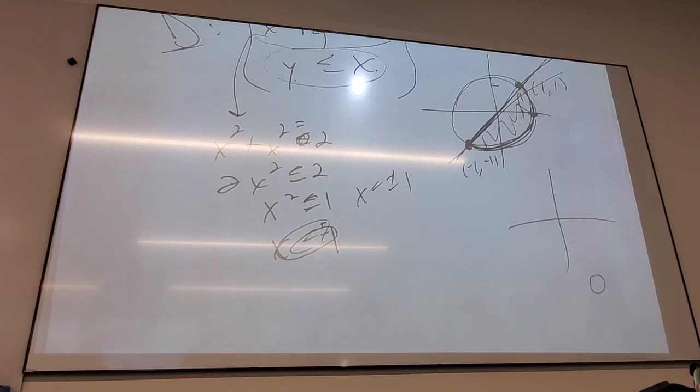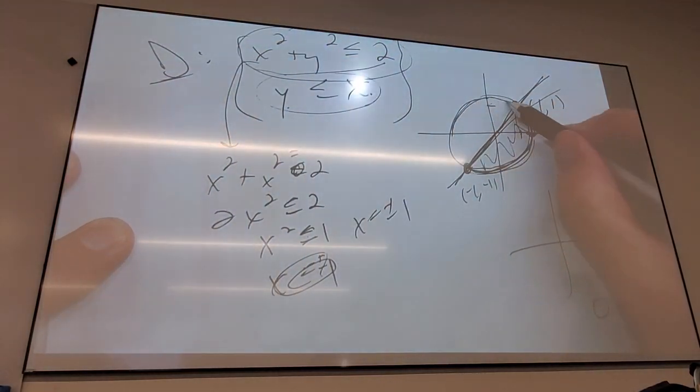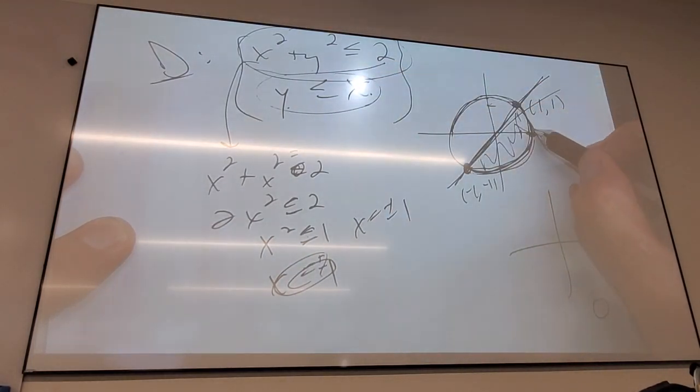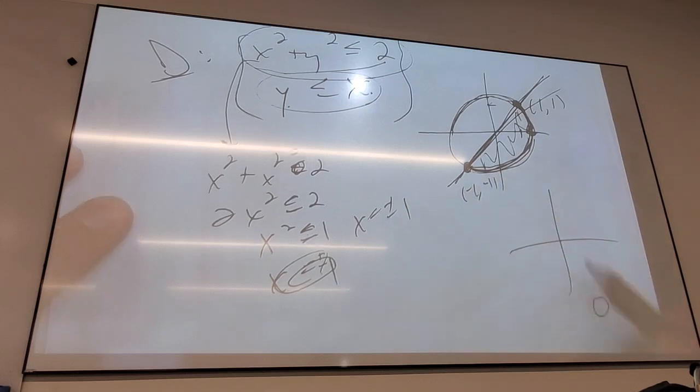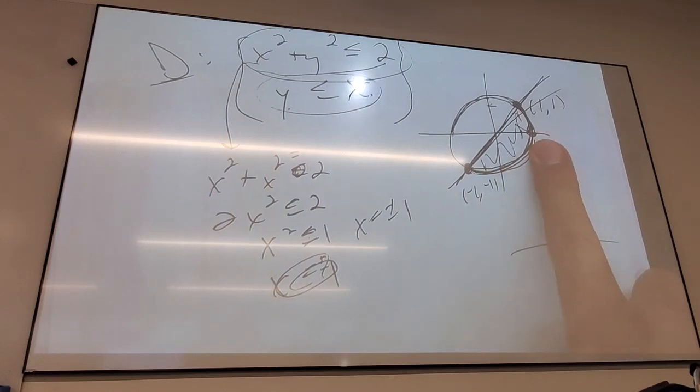If I solve for y, the positive one would be the top half of the circle, and the negative one would be the bottom half of the circle. But the region I'm working with uses a little bit of the top half and a little bit of the bottom half. So immediately, that's 2 integrals I need, because the definition of one of my walls changes at that point, right there.